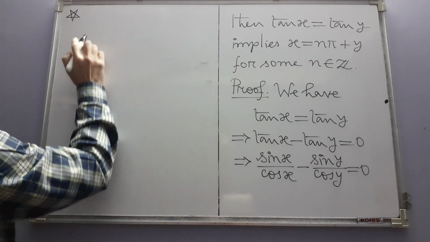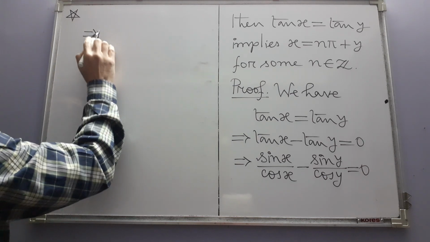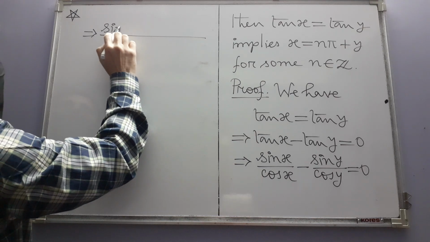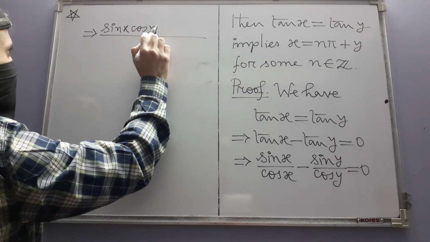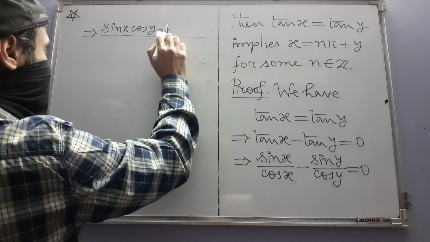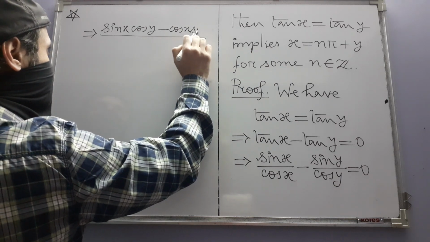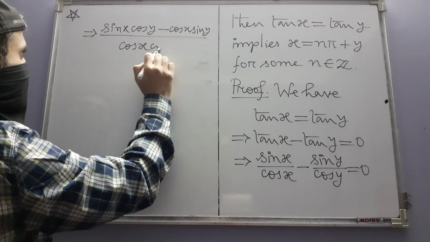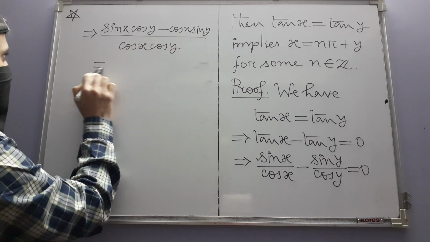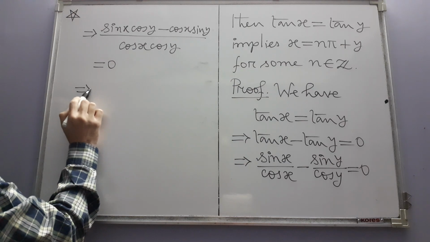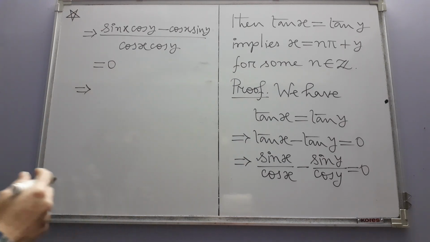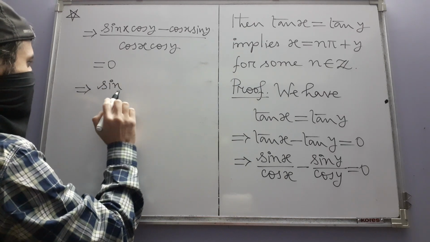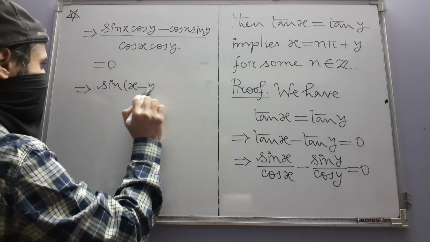So if you do the manipulation here, you are going to get sin x cos y minus cos x sin y divided by cos x cos y equal to 0. You can see that the numerator has fallen into a form which is the expansion of sin of x minus y.